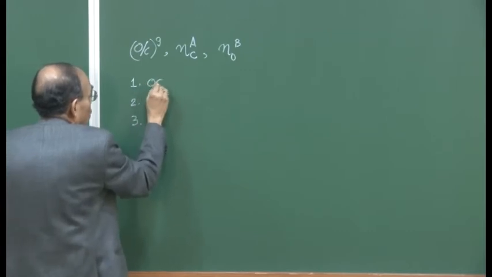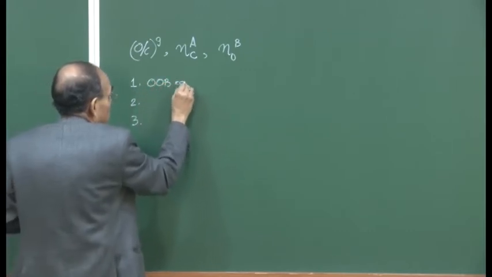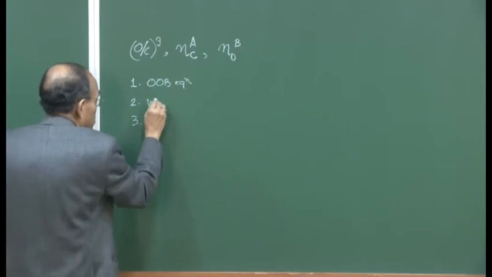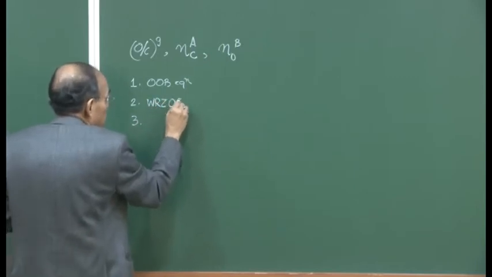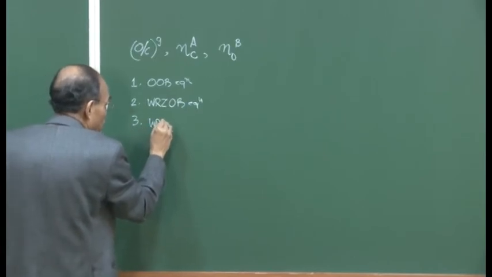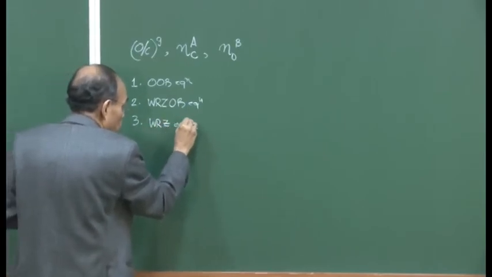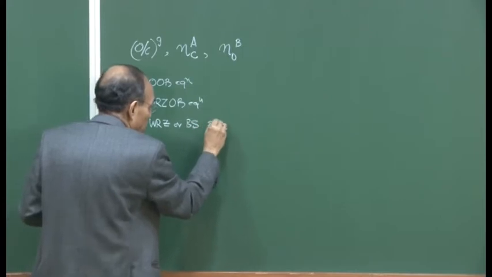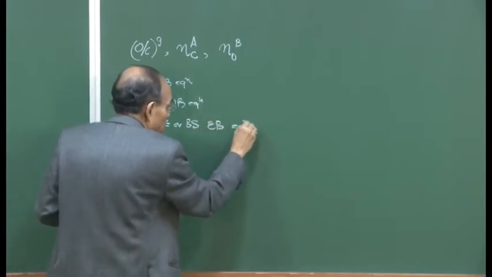I write the overall oxygen balance equation. Then we have the Oostite reduction zone oxygen balance equation, and we have the Oostite reduction zone or bottom segment enthalpy balance equation.